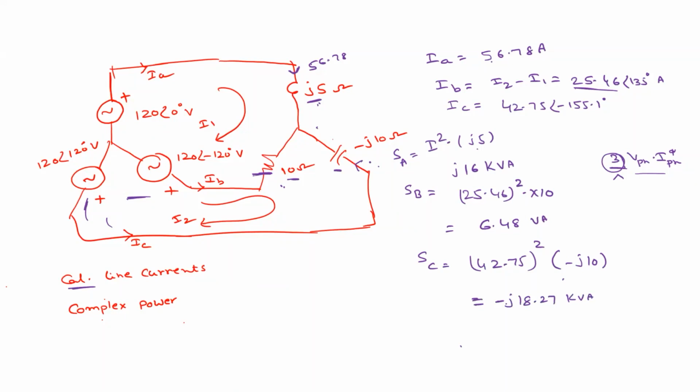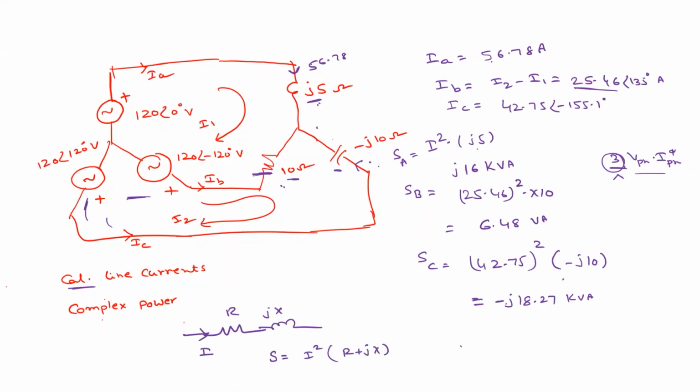The formula is very simple, so don't confuse that. If you have an R value and some JX value, and the current magnitude is I, how do we calculate this S? It is I square into R plus JX. Simple.